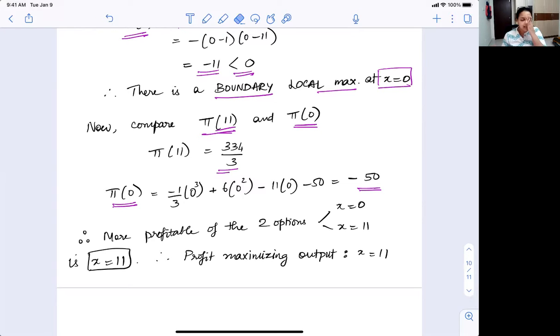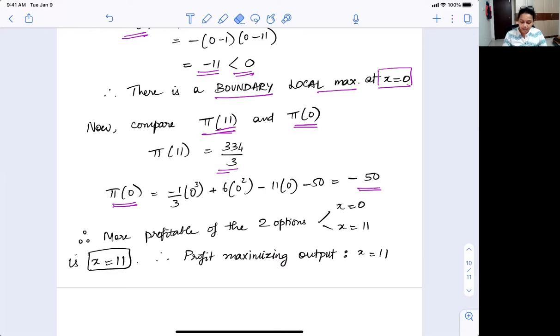Another way you might want to think about the economic sense here is that when you're producing nothing, when x is 0, you're not actually making profits. So pi at x is equal to 0 cannot be giving you more profits than pi at x is equal to 11. Of course, in most circumstances, I would expect this to hold true.